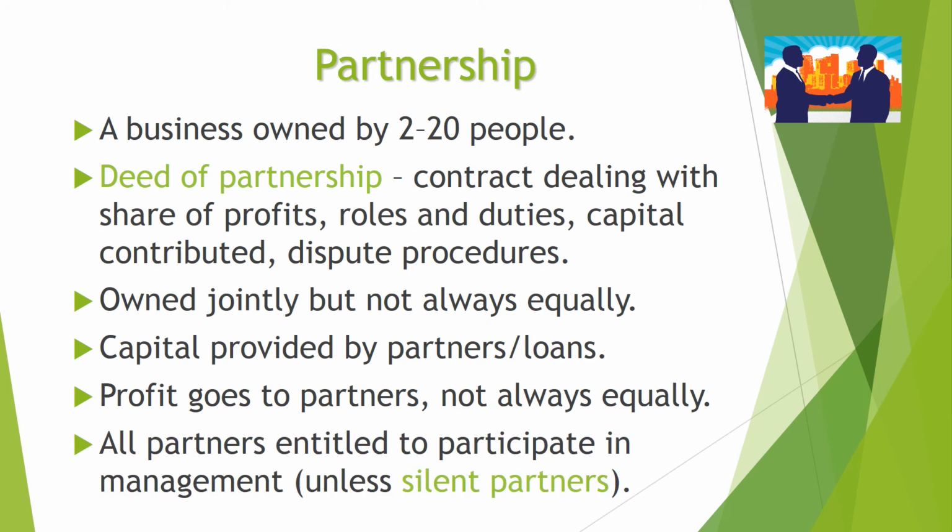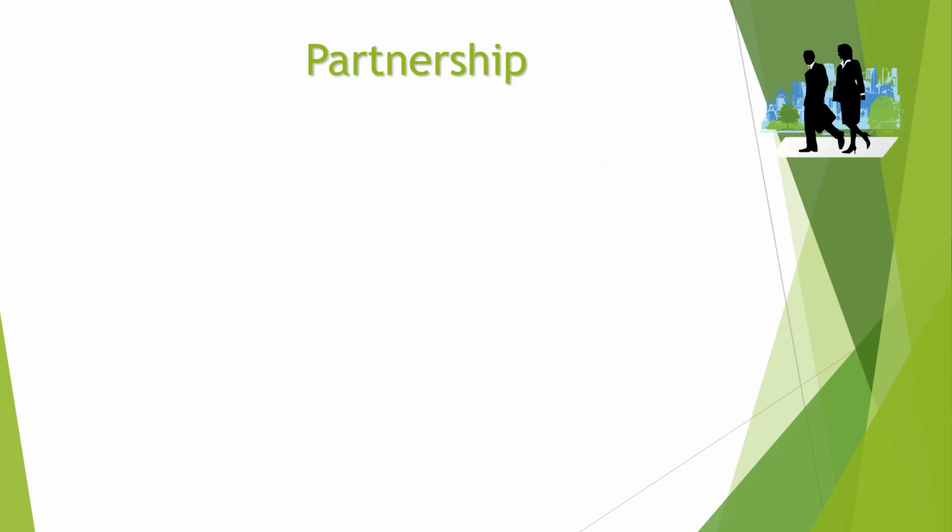All partners are entitled to participate in management. That means every partner will have a say, maybe varying levels of say, but they'll have a say. However, there are people called silent partners who simply want to contribute money to the partnership and take their share of profit without having any say in management. We call these silent partners.